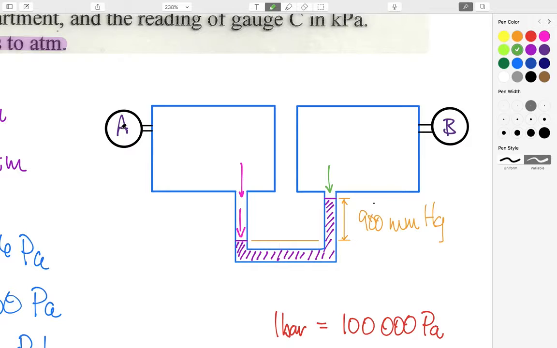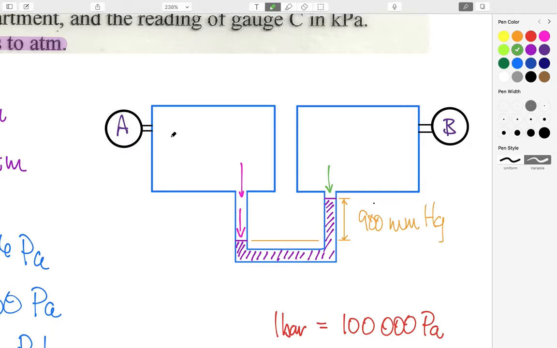So we know the pressure in chamber A is higher than the pressure in chamber B. In fact, chamber B, to offset the pressure in chamber A, needs its own pressure plus this 900 millimeters of mercury, this column here, pushing back down on the surface that would be level with this level. So we've got this little extra weight on top of this surface here, plus the pressure pushing behind. So obviously the pressure in chamber B is lower than the pressure in chamber A.